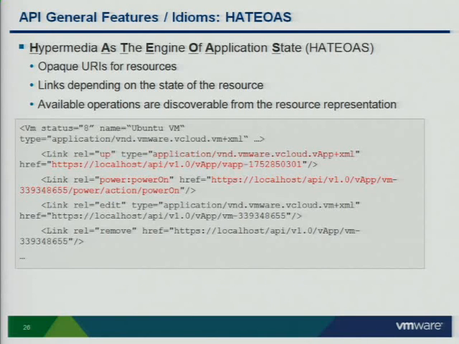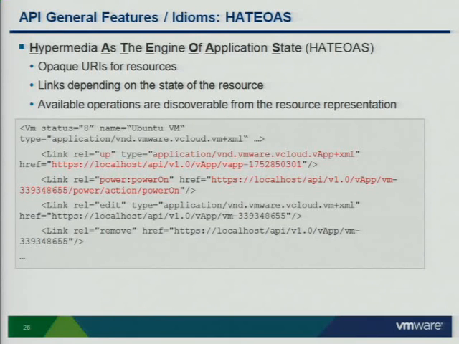In the representation of the entities, we include links to other resources and also to operations that are available to this entity. For example, here we have a virtual machine. We have a link with the relationship up, which is the VApp that contains the virtual machine.